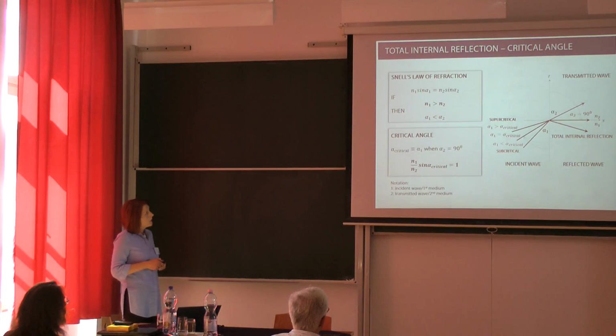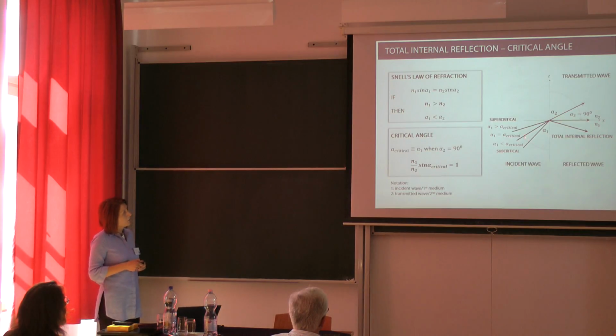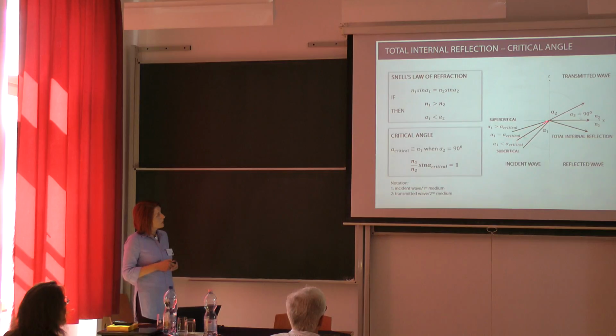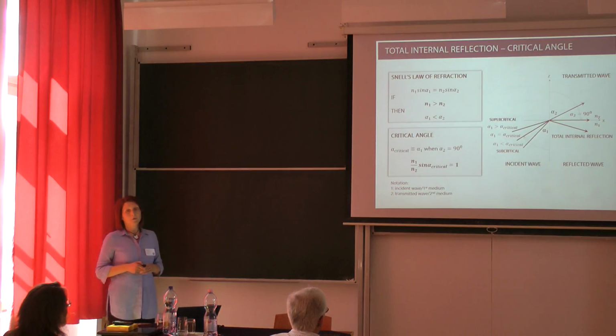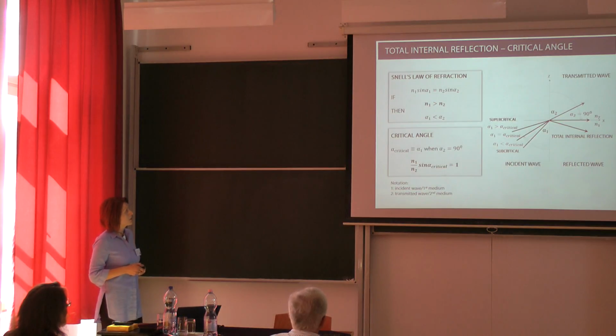So at this point we can think that if we increase the angle of incidence, as is shown here, the angle of refraction increases as well. So at a situation we call the critical angle of incidence, the angle of refraction will be parallel to the boundary of the two surfaces or the two media.